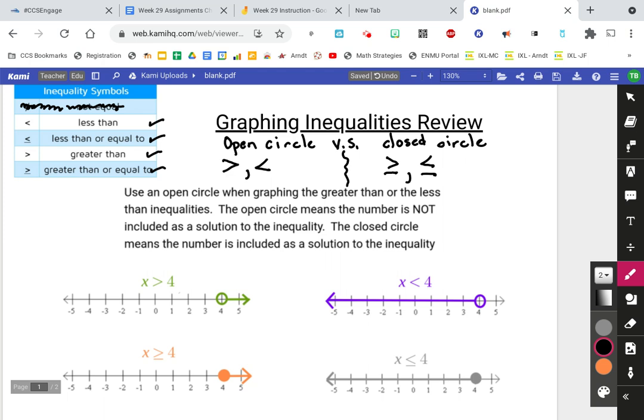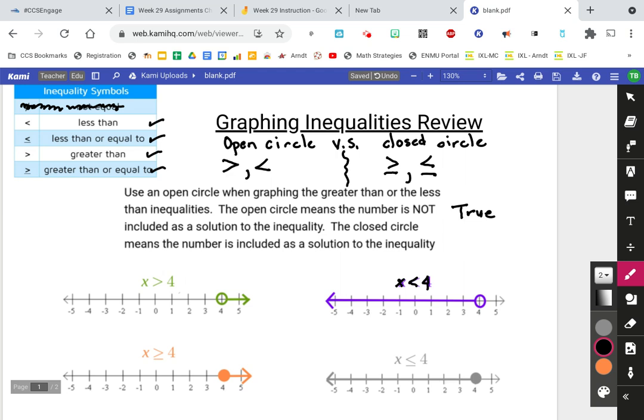I'm going to look at this inequality here that says x is less than 4. So what we want to do is color every number on the number line that makes that inequality true. Remember, we are concerned with truth when we are solving inequalities.